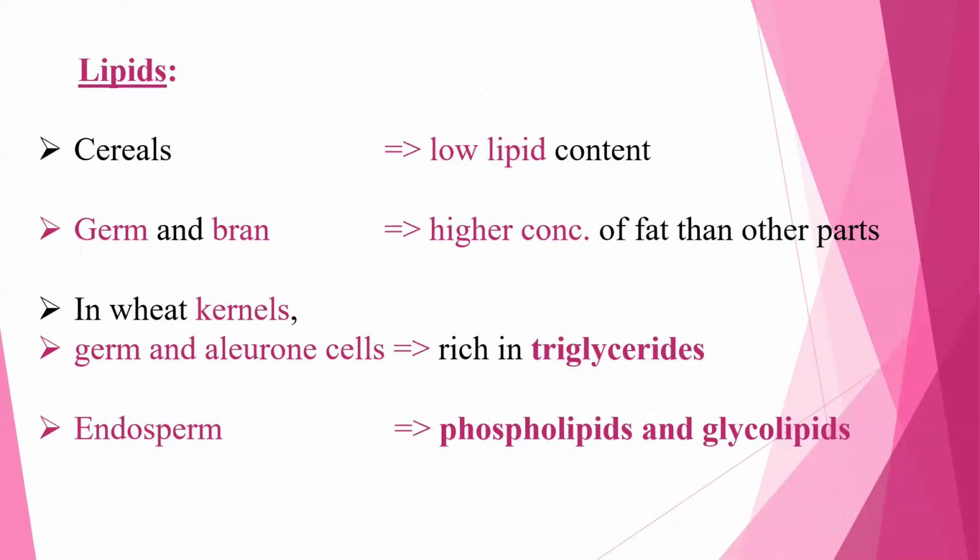Now comes lipids. You know, cereals contain a comparatively very low amount of lipid, which is present mainly in the germ and bran. In wheat kernels, the germ and aleurone cells are rich in the triglyceride portion of lipids, whereas the endosperm contains the maximum amount of phospholipids and glycolipids.